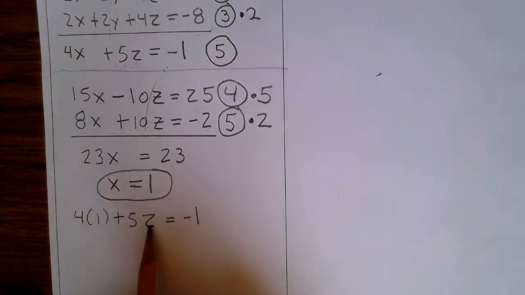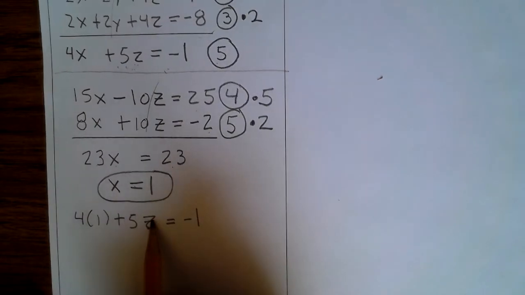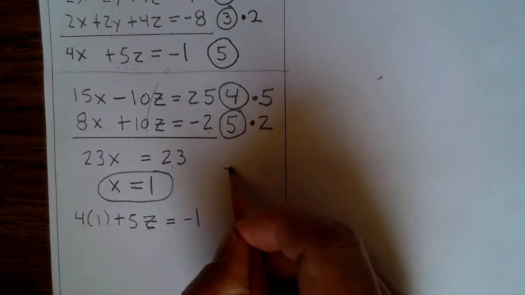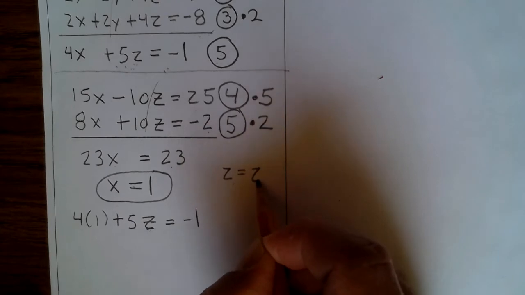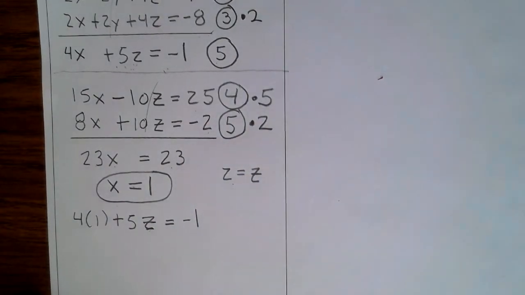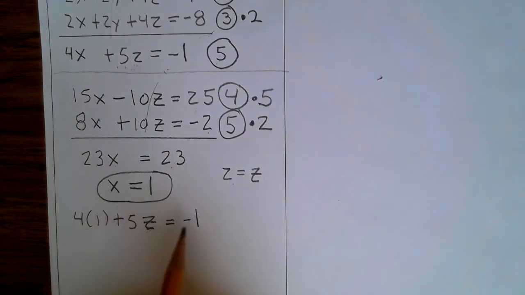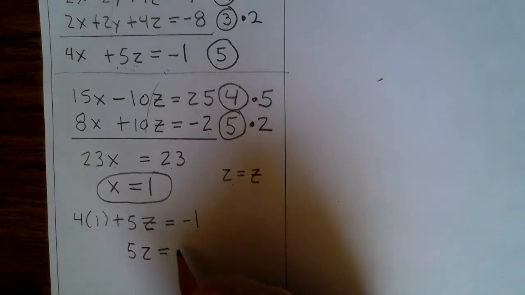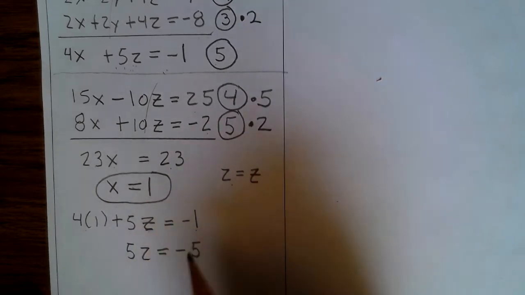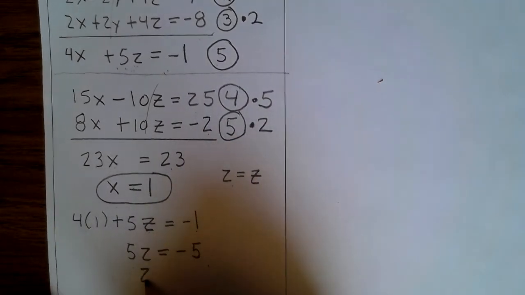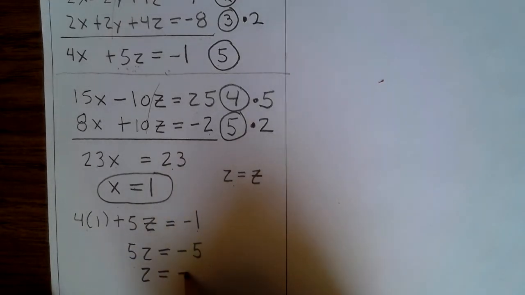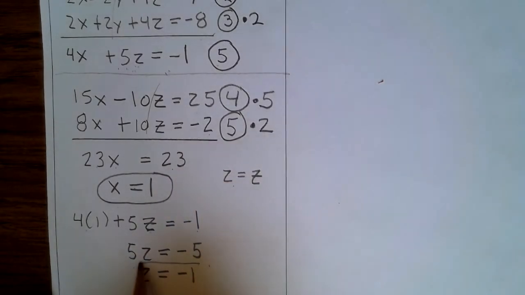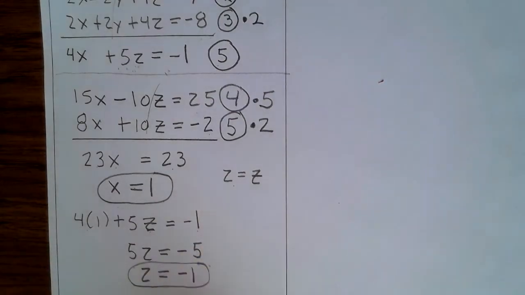I've been using z's with the line or without the line, but in essence, this is equivalent to this, okay? All right, so we're going to subtract 4 from both sides. We get 5z equals negative 5. Divide both sides by 5, z equals negative 1.